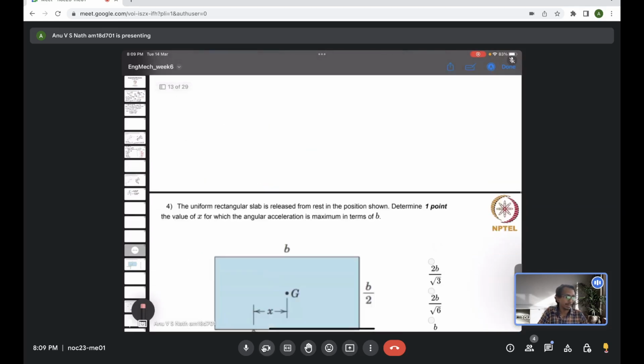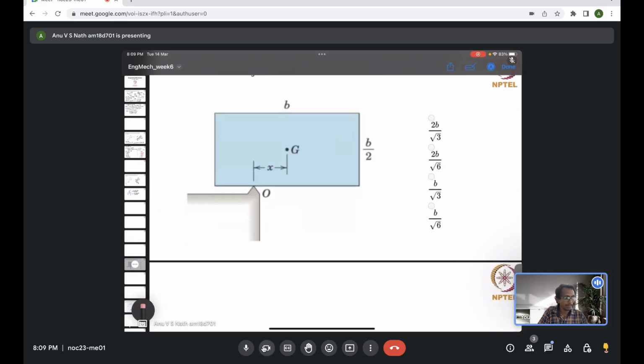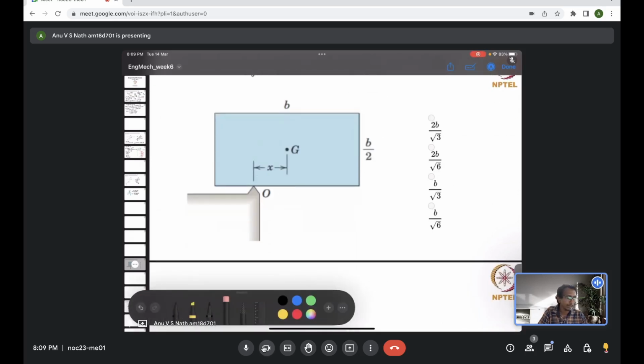But coming back to this problem, here you can see the point G, which is the center of mass. So we can take moment about G, or you can take moment about the point O, which is a fixed point, not moving at all. I hope you have drawn the free body diagram, but anyway, let me draw it here again.